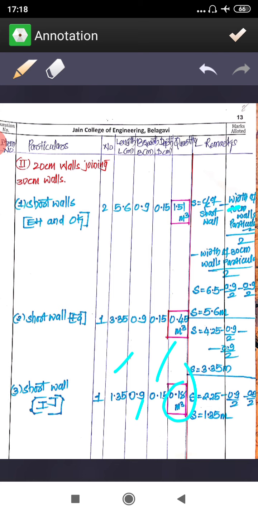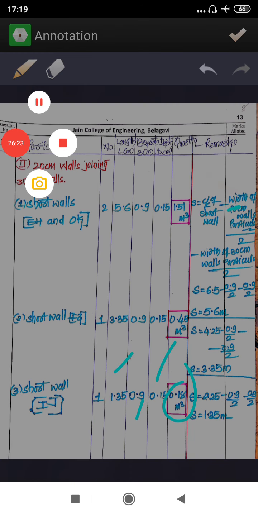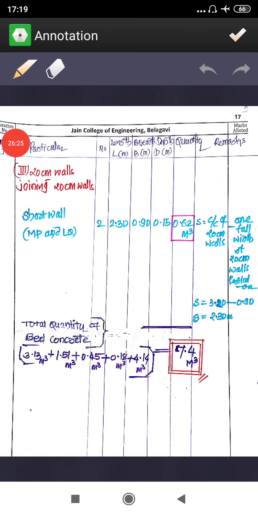Now this is the quantity for 20 centimeter wall joining 30 centimeter wall. Now the next section is 20 centimeter wall joining 20 centimeter. Here we have two short walls, MP and LQ. The length I have shown you is 3.20 minus 0.9, which is 2.30.